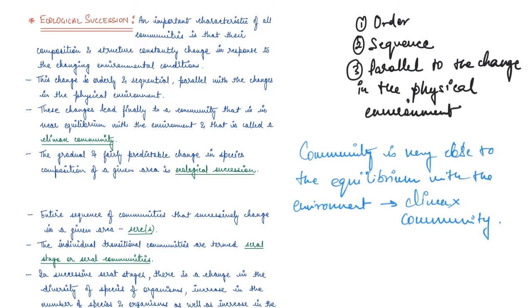Now, during this succession, some species colonize an area and their population becomes more numerous, whereas the population of other species declines and even disappears as well.